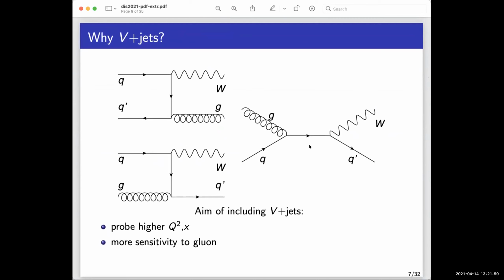So why add the V plus jets? If you look at just the W plus jets and you look on the right at the leading order diagram, you can see that you need in general more energy, so you'll get a higher Q squared to get your final state, and also higher x therefore to provide the center of mass energy. And of course you've got a gluon now, not just a quark in this case.